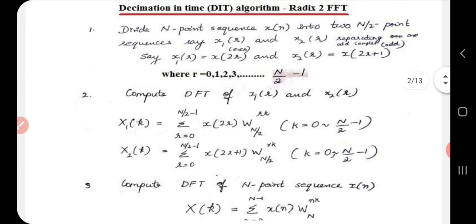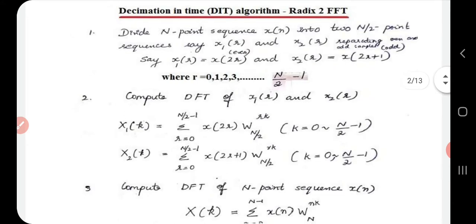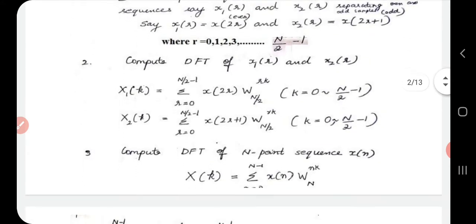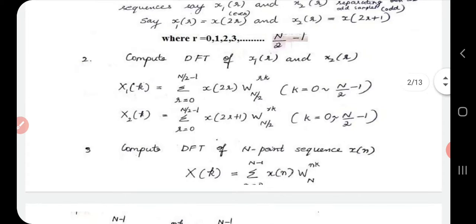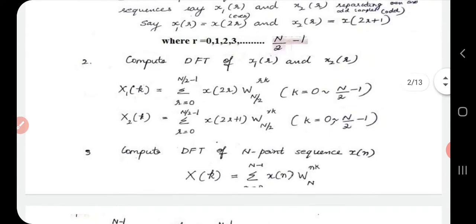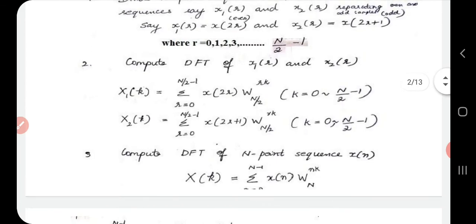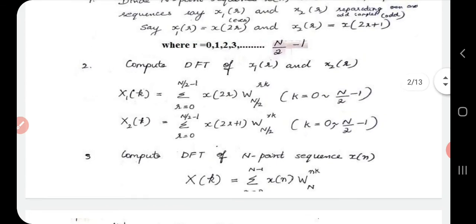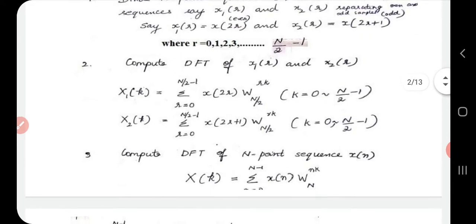Now the next step is to calculate the DFT of x1 of r and x2 of r. X1 of k, the DFT of x1 of r, is given by summation from r equal to 0 to N by 2 minus 1. As already mentioned, the general formula is the same. The only change is that instead of x of n you write x of 2r, then W N by 2 to the power rk, that is the twiddle factor.